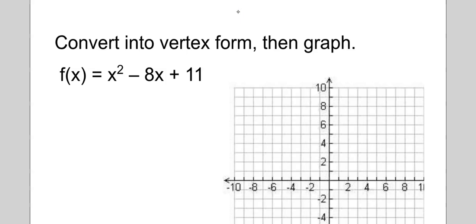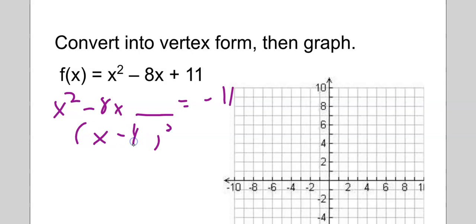So to do this, we need to complete the square, which we just practiced doing in the previous section. So it's going to be x squared minus 8x, leave a space, equals -11. We do this little trick here: x minus 4, half of this, square it, plus 16, which is going to give me 5.